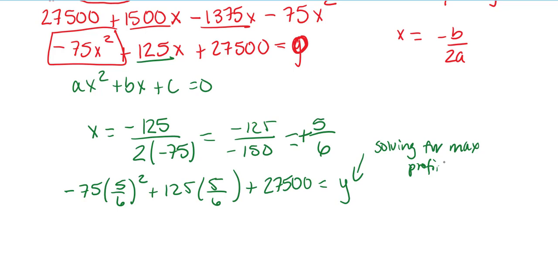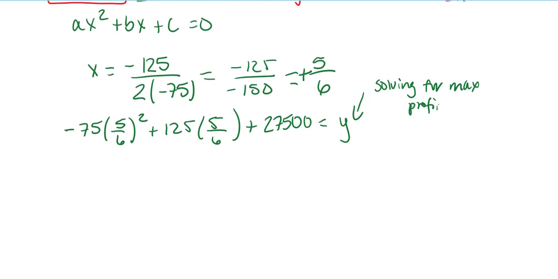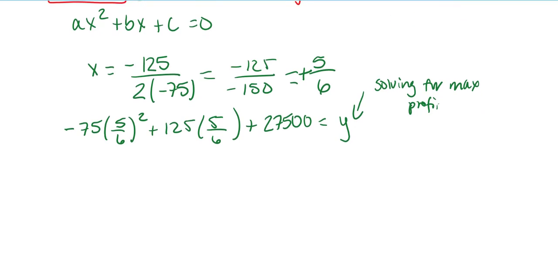Okay, so now all we have to do is multiply this all out. So here we have really negative 75 times 25 over 36.